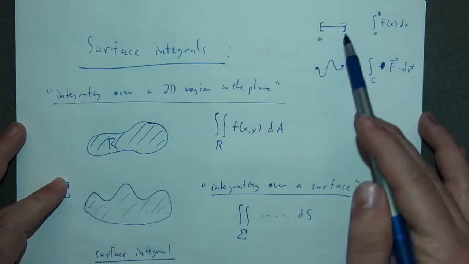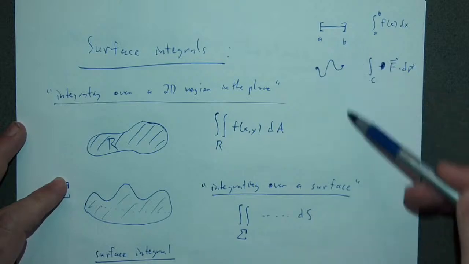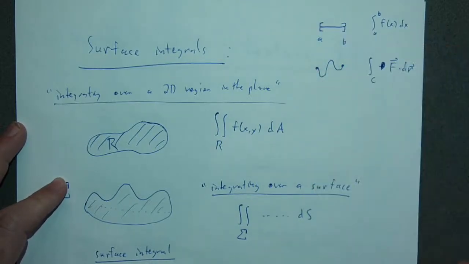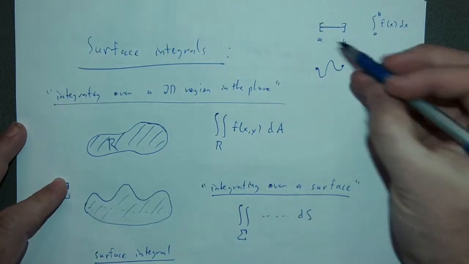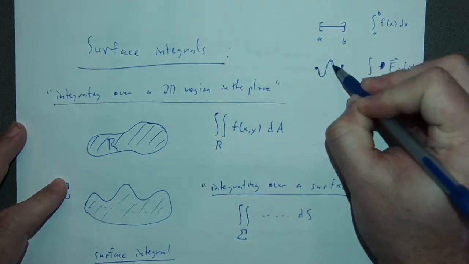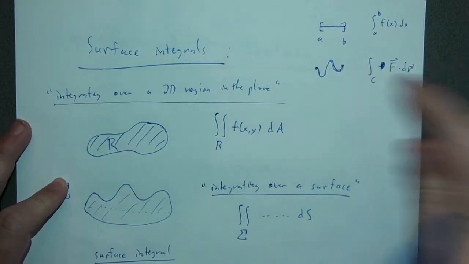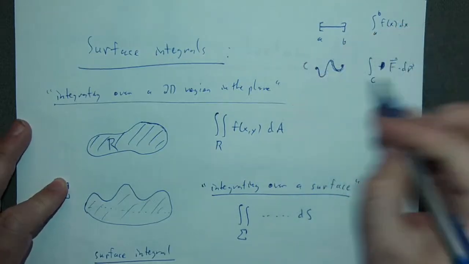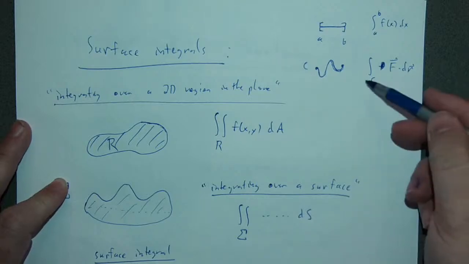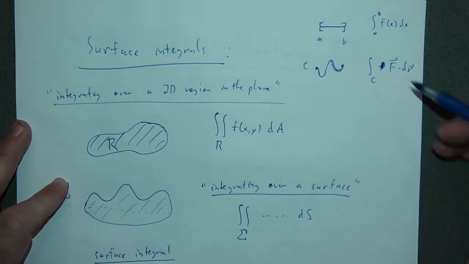But what if we took an interval and we deformed it a little bit into a curve? Instead of integrating, say, from here to here along this very simple object, we want to integrate along a curve, right? So to do that, our curve C had some parameterization R, and we used that in the definition of our line integral.